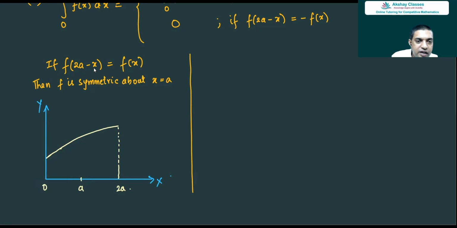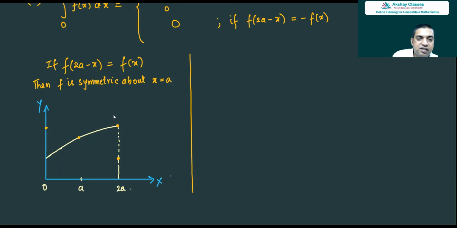So put x equal to a, f of 2a minus x will be a and x will be equal to a. So at this point, both coincide. But otherwise, when x equal to 0, this function will be f of 2a, and when x equal to 2a, this is f of 0, so it will be the same as f of 0.